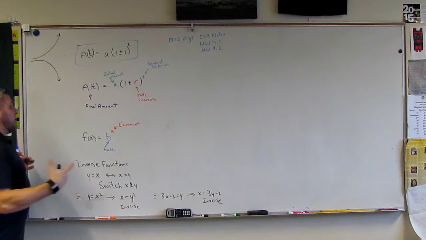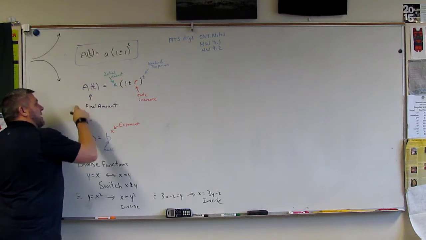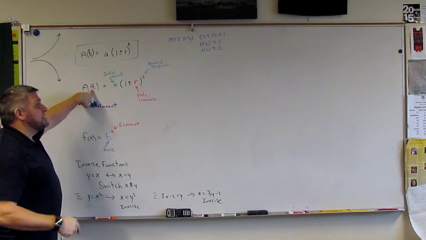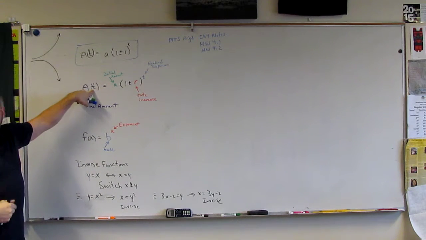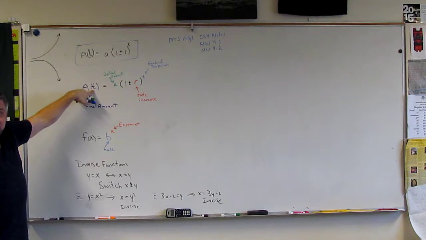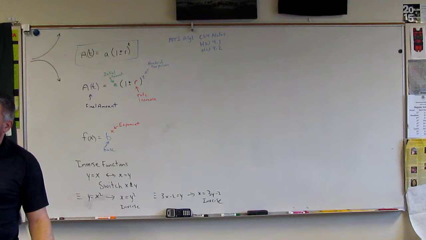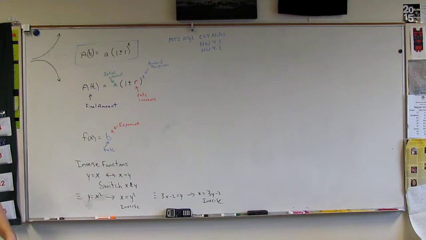What does everything start with? This is your final amount, your A with respect to t, with respect to time. The reason it's with respect to time is because of what we said: exponential growth means your exponent is your variable. That's different than anything we've done so far.